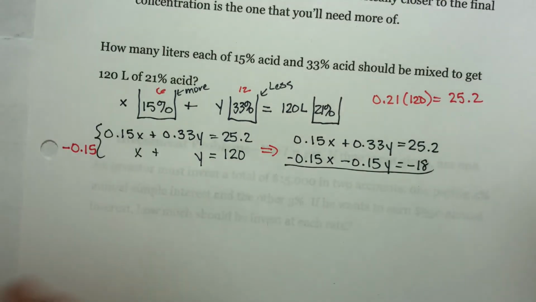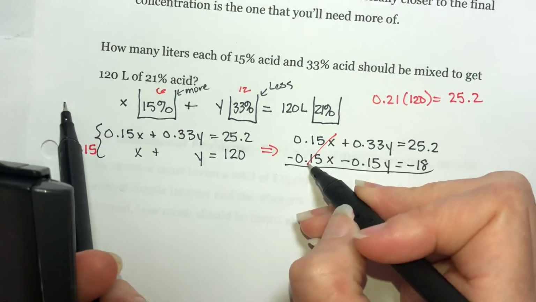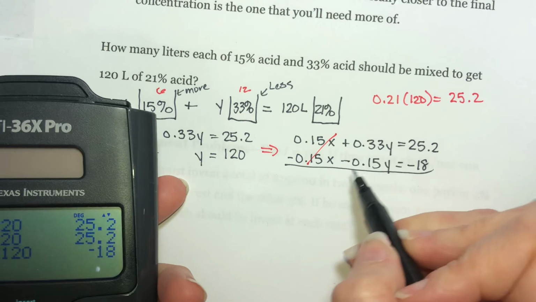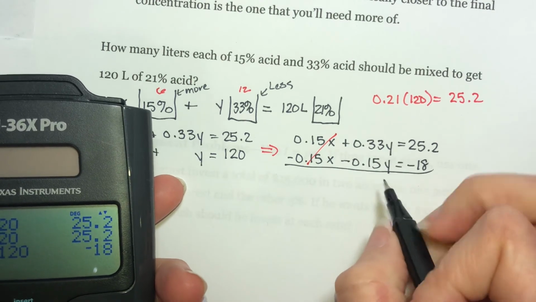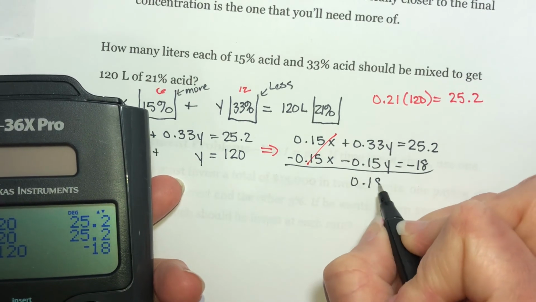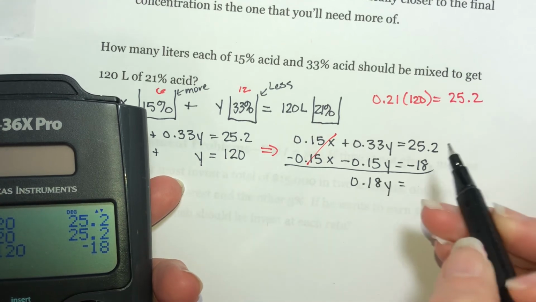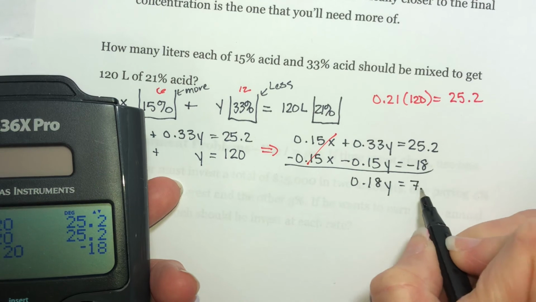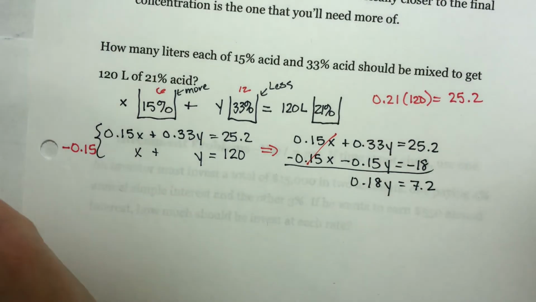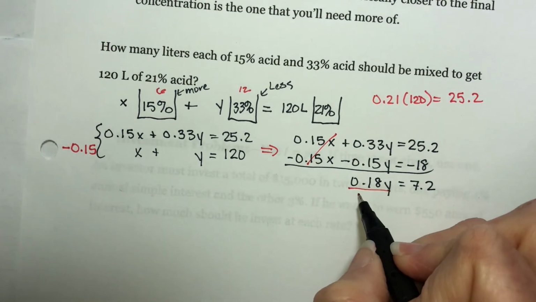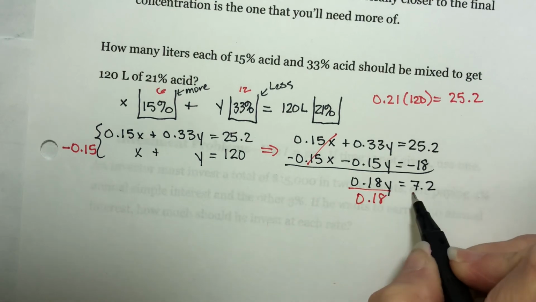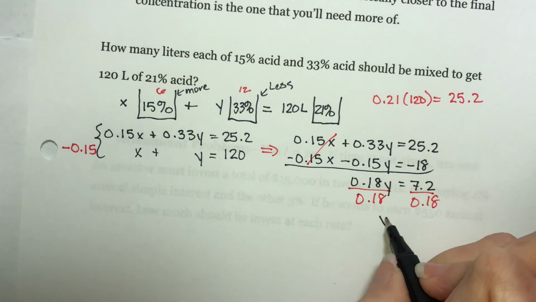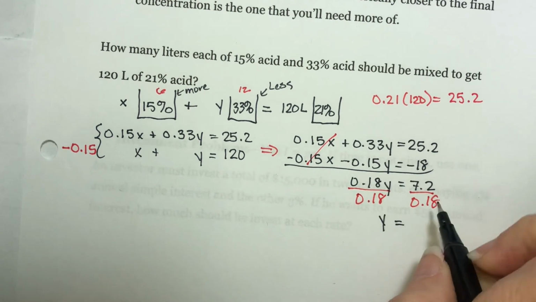Add these together. This will cancel out. Negative 0.33y minus 0.15y is negative 0.18y. 25.2 minus 18 gives me 7.2. Now divide both sides by negative 0.18. And we end up with y must equal 40.